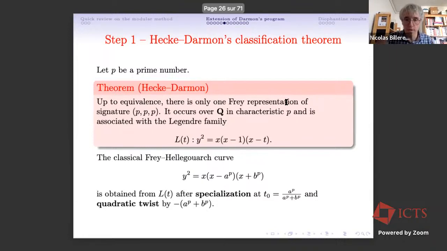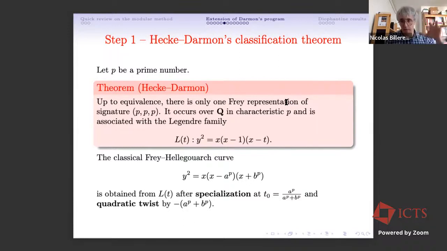It's an easy calculation to check that the classical Frey-Hellegouarch curve that we introduced before in my quick recap on the modular method, y squared equals x(x minus a^p)(x plus b^p), can be obtained after specialization of the Legendre family at t0 equal to a^p divided by a^p plus b^p, and quadratic twist.